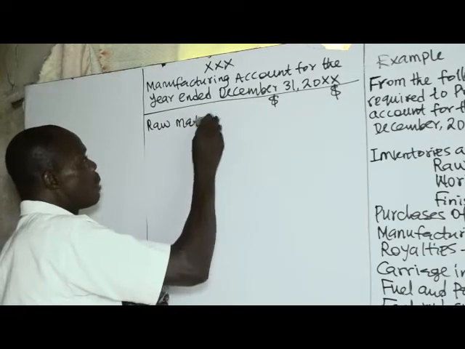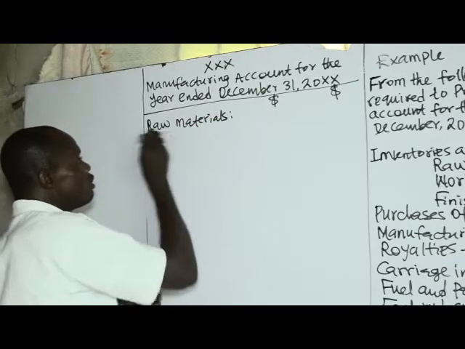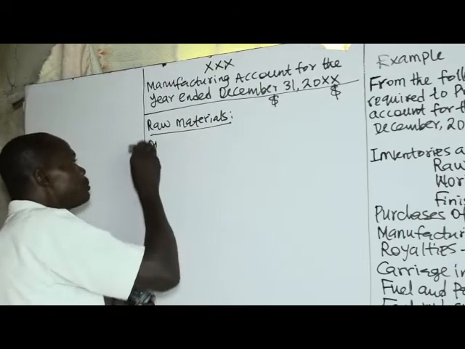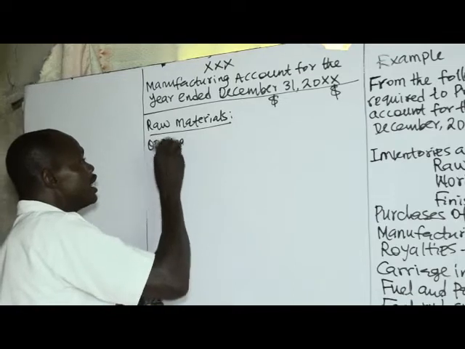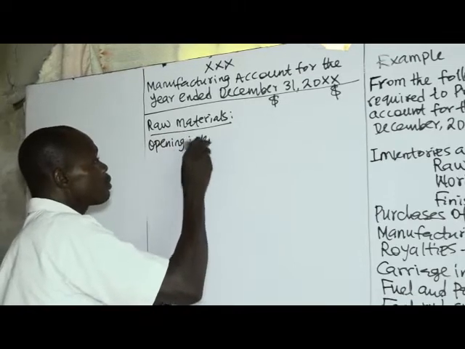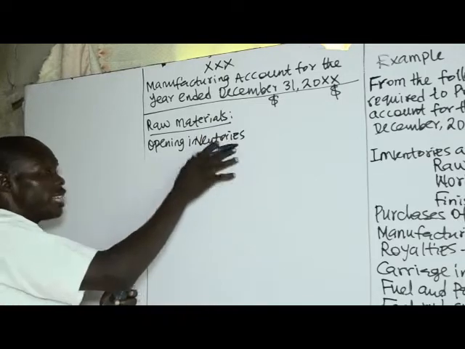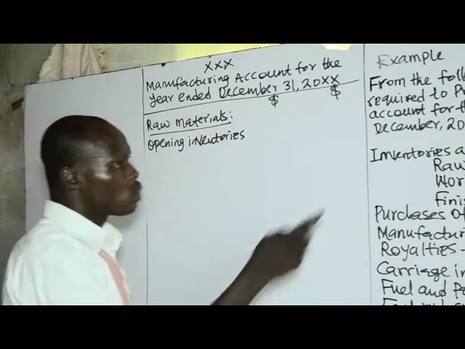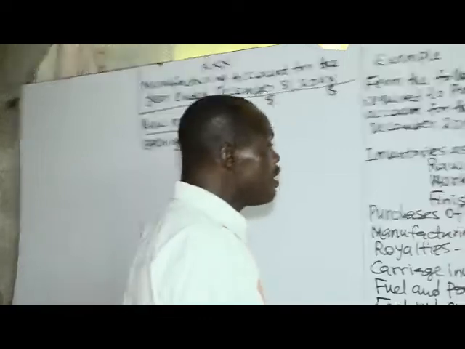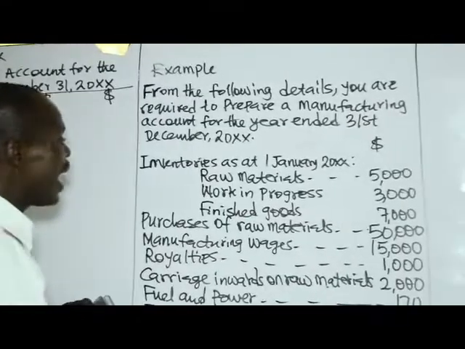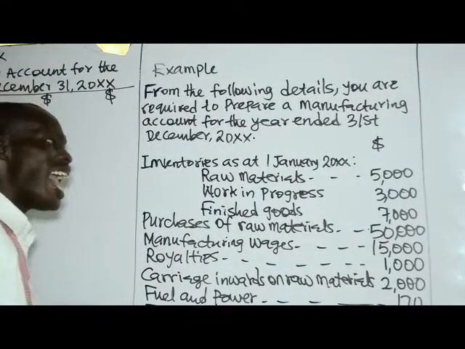So we have raw materials, then we have opening inventories of raw materials. Back to the question. You have inventories as at 1st of January 20XX.